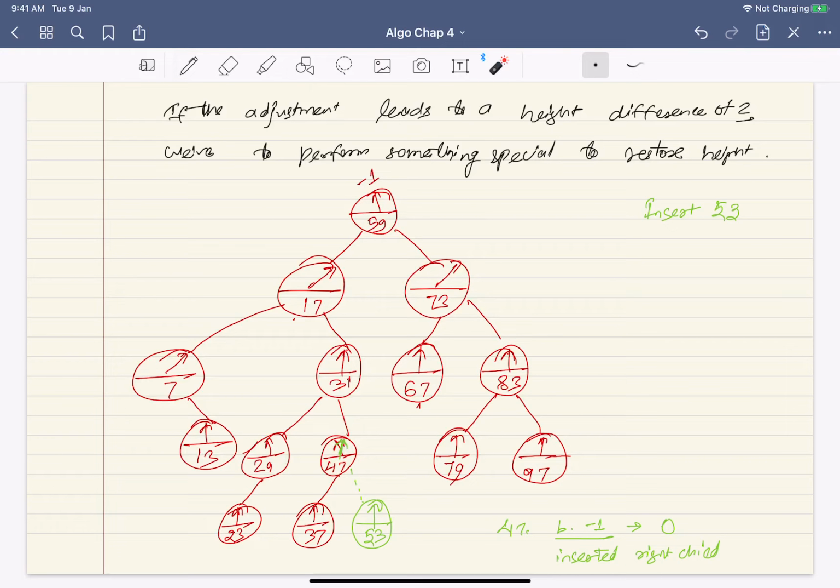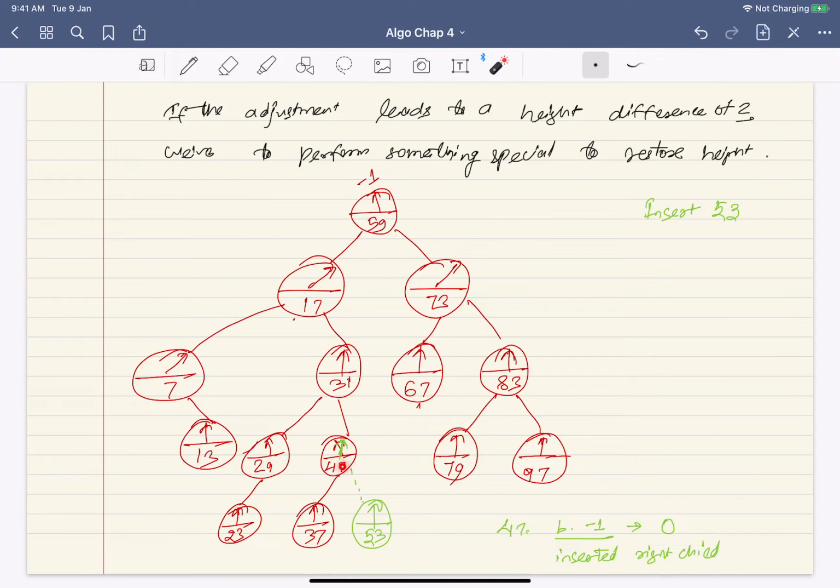So for a node, if I have a subtree, generally you will consider it as giving a height of 1, and a height of 0 when the node was not there. That is how you were saying 0 minus 1. But because we are not storing the height, we are just storing the balance.